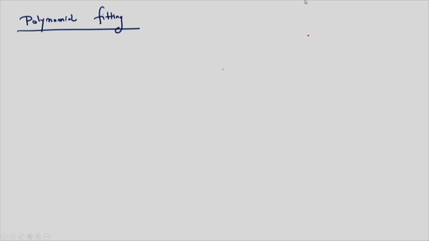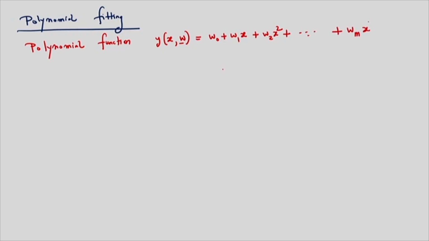For this polynomial fitting, we are considering a polynomial function. The polynomial function may be like this: y(x, w), where w is the weight vector, equals w0 plus w1 x plus w2 x squared plus up to wm x to the power m, which can be written as summation j equal to 0 to m of wj x^j.